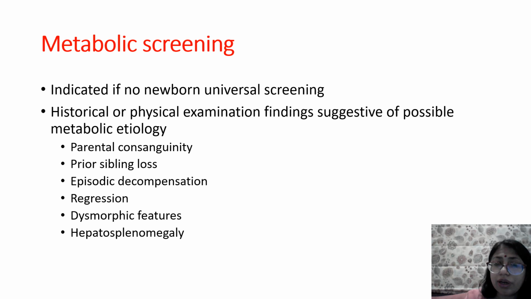This is indicated if there is no universal newborn screening, or if the history or examination is suggestive of a possible metabolic etiology. Some of the pointers being parental consanguinity, prior sibling loss, episodic decompensation, regression, dysmorphic features, or hepatosplenomegaly.